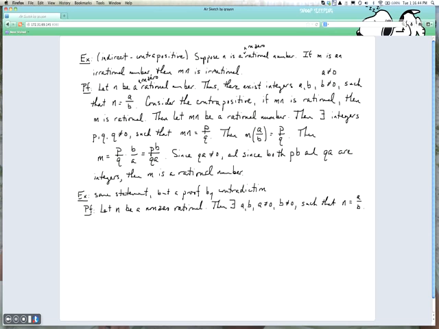Okay? And this is the pretend part, you know, suppose that Mn is rational. And you can see the similarities in what we're doing here. Then there exist P and Q, Q not equal to 0, such that Mn equals P over Q.